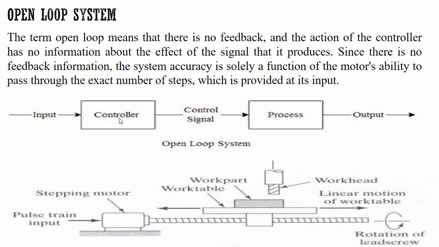The function of the machine control unit is to give the control signals to the process, means the machine tools, it may be a drilling machine or lathe machine or milling machine or any actual machining process. And once the machine tools perform the operation, we get the output in the form of desired workpieces, right?